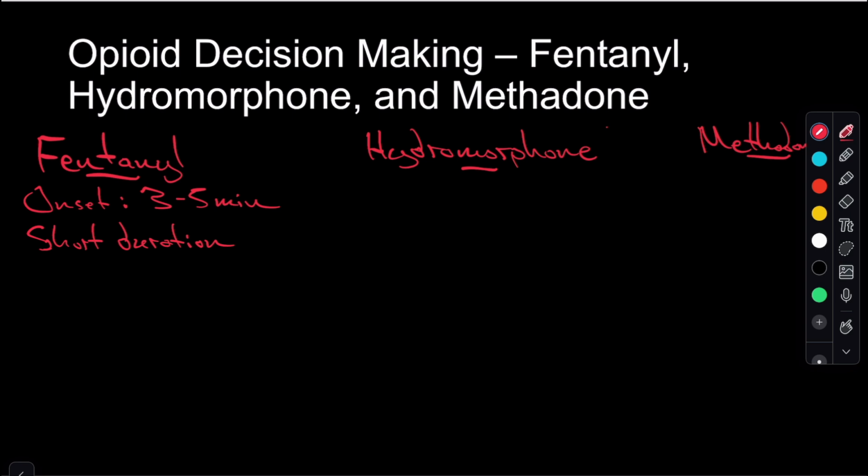Hydromorphone has a longer onset of action of 15 minutes and then a longer duration for a bolus as well.